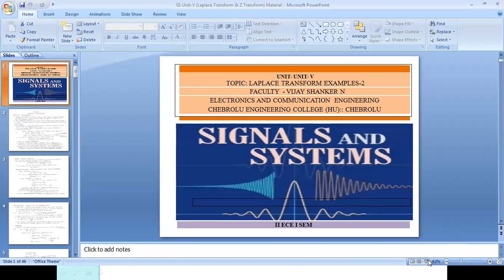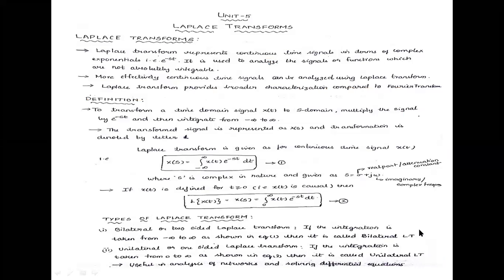Now, another example you can see. We have already calculated the Laplace transform and ROC of e power minus a t u of t, which is 1 by s plus a, and the ROC is s greater than minus a.